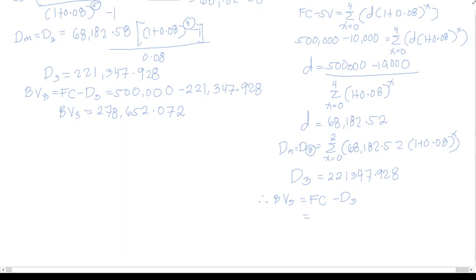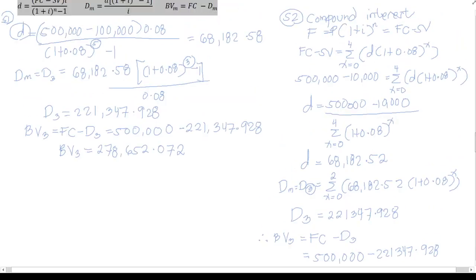So FC there is 500,000 minus 221,347.928. Okay, so the book value at the third year is equal to 278,652.072. So it's the same. For solution 1 and solution 2, we can use that one.